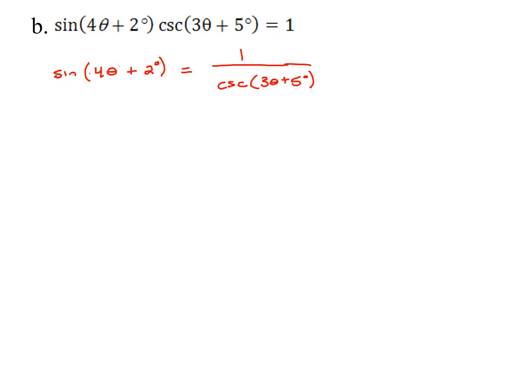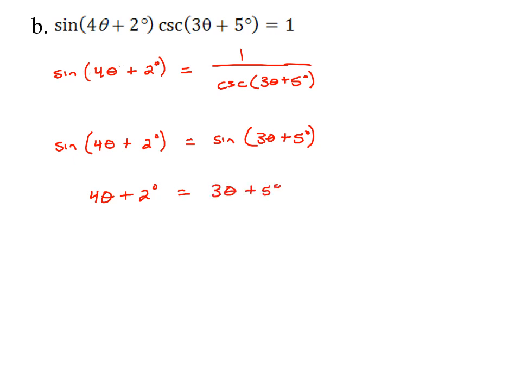And since 1 over cosecant is the same thing as sine, then I can make this say sine of 4 theta plus 2 degrees is actually the same thing as sine of 3 theta plus 5 degrees. Since they say the same thing, you can drop the sine off and just say that 4 theta plus 2 equals 3 theta plus 5.